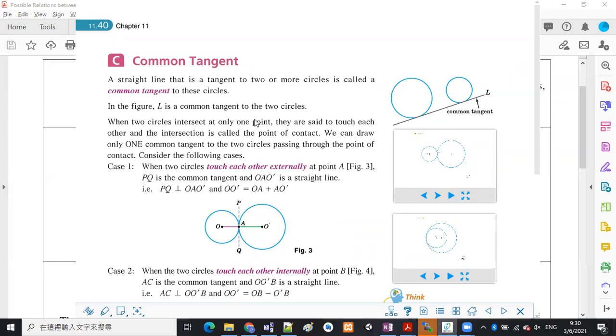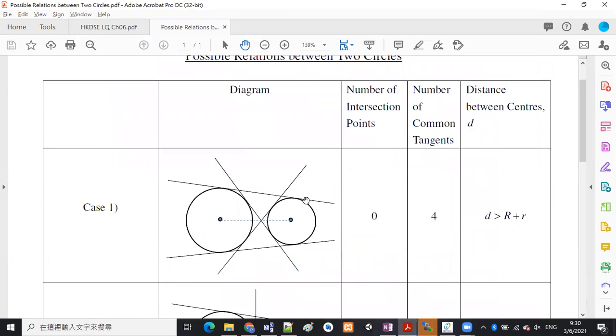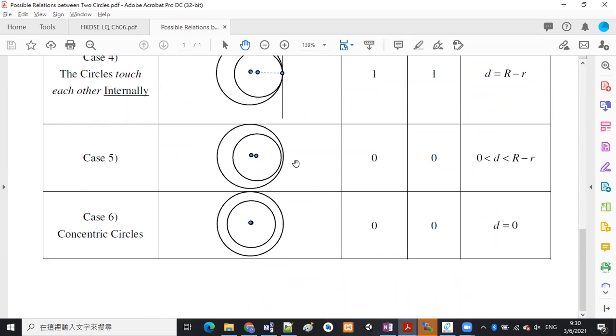And so basically, the possible relations between two circles will be like this. So there are 6 different cases.